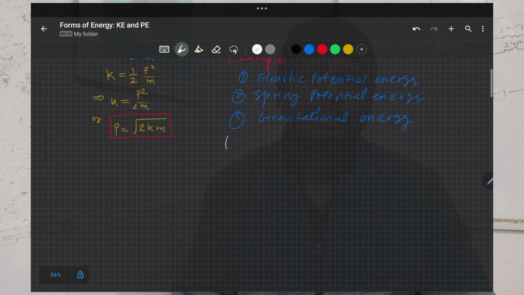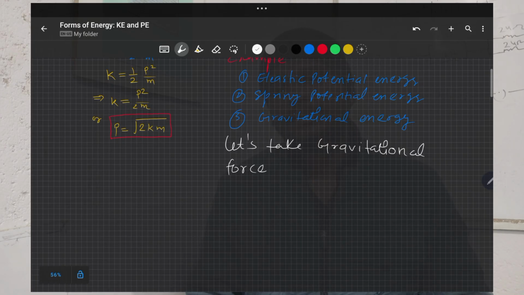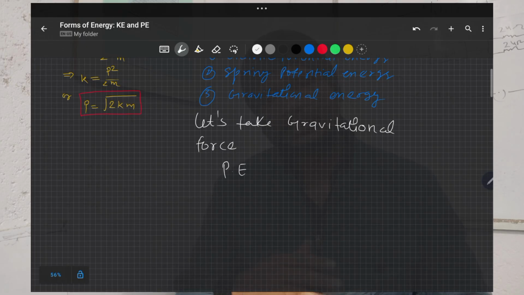In case of elastic bands, the formula of potential energy differs in different cases, because the thing which is responsible for the restoring force can be different. In a spring it is different, in terms of gravity it is different, in terms of forces between charges it is different. Therefore the expression of potential energy is not the same in all cases.